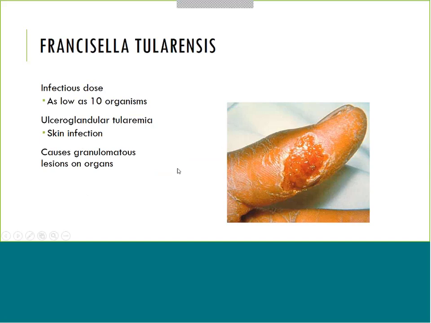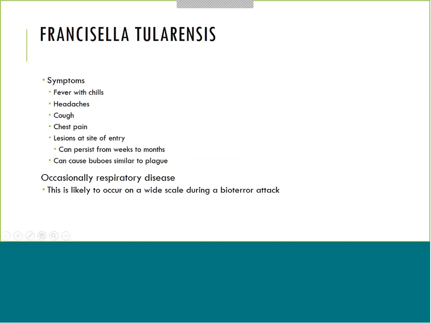That's why they love to use it as a biological weapon, because it hits lots of different parts of you to cause massive damage. The other big thing they like with this one is it's extremely infectious. It doesn't need very much to be present to cause an infection. They usually quote just 10 organisms. That's enough to be infectious, and that's a very low dose. That's not much at all.